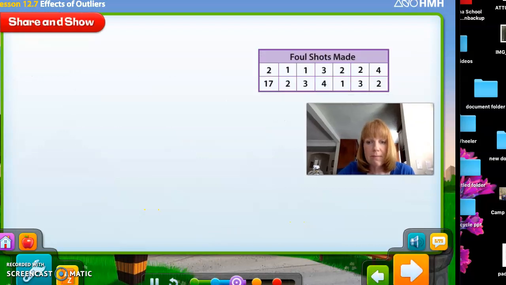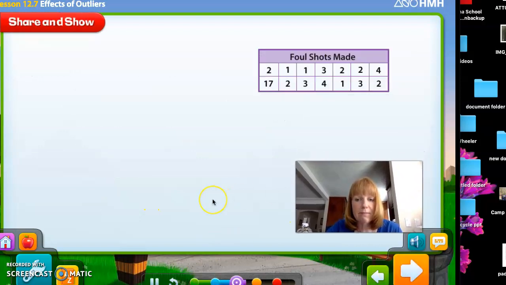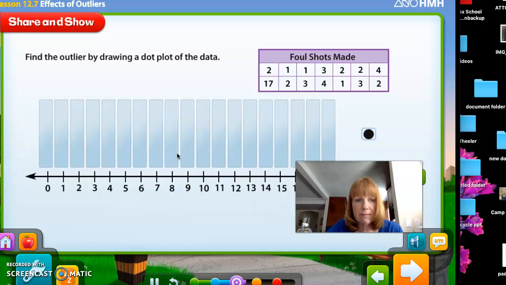Here's some data about the number of shots a basketball team made. Find the outlier by drawing a dot plot of the data. To draw the dot plot, drag and drop dots to places above the numbers on the number line to represent each data item. When you're ready, check your work.